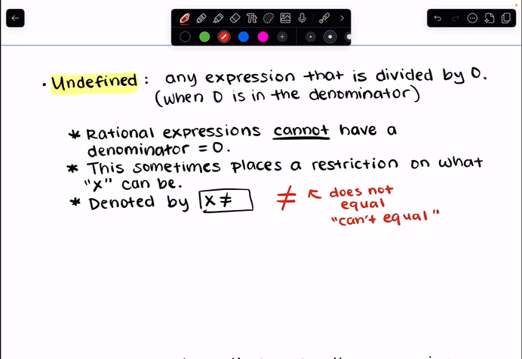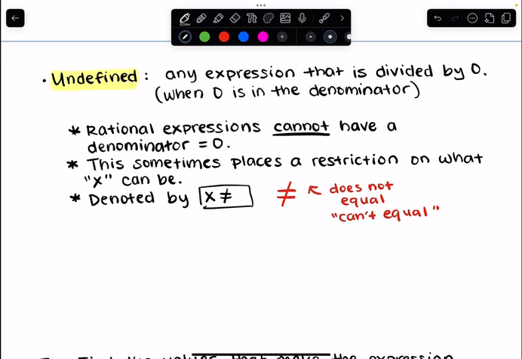And so for example, let's say you have something like this. So for something to look undefined, it would look something like this. So let's say you have 4x over 0. Or you could have something like this, for example, 2 over 0.